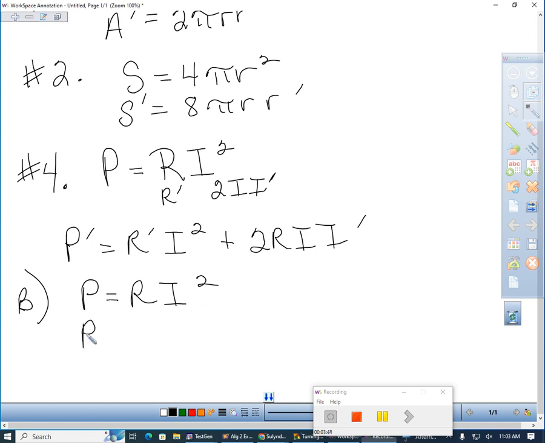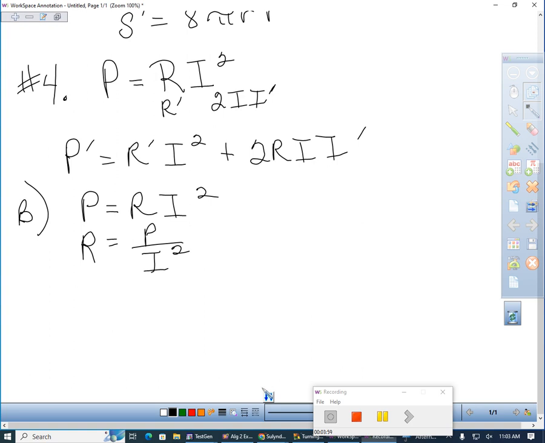And I'm going to get, not P equals, sorry, R equals. I divide by I squared, I get P over I squared. Now I have to do the derivative. If I do the derivative, P is a constant. We can do it a couple ways.